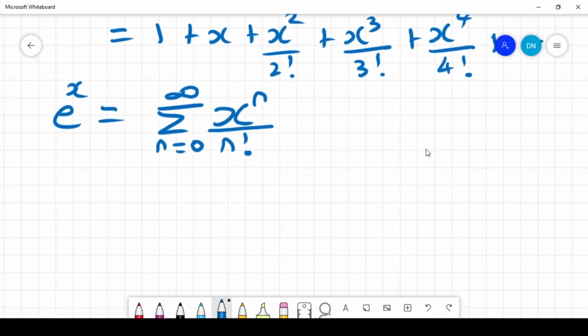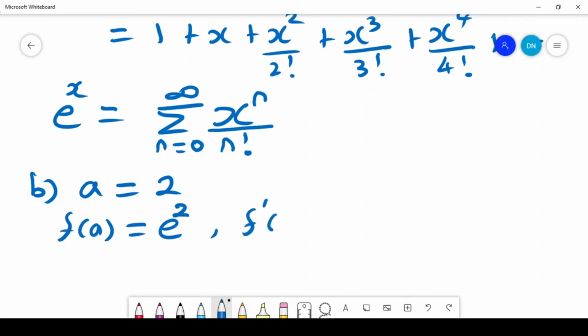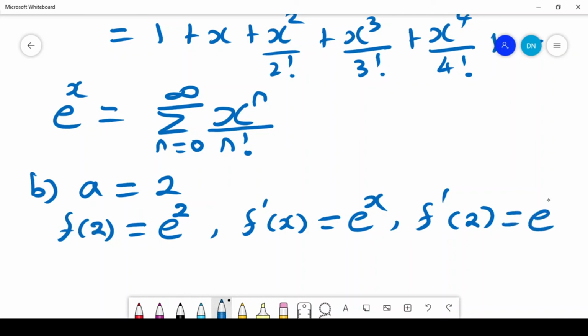What would have happened if I had a case where the value of a was a value like 2? Nothing much would have changed. I would have just taken my first term and gotten e raised to power 2. Then the first derivative of this is equal to e to the x, and therefore f prime of 2, because my a here I should have put as 2, would have given me e raised to power 2.